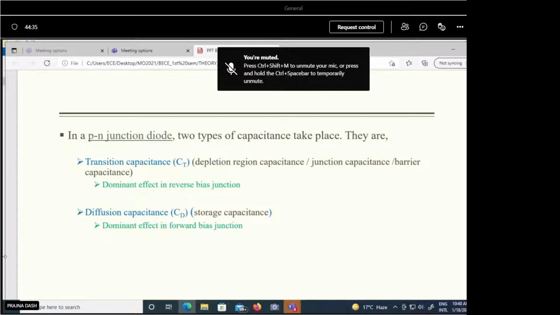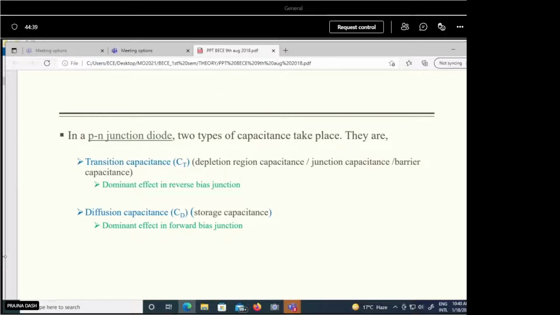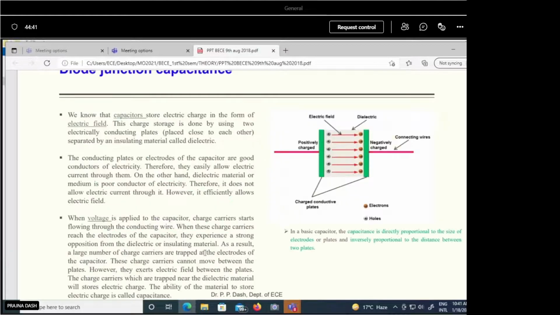So in case of your diode, where does the capacitance come in? The function of a capacitor is known to all of you. A capacitor stores electric charge in the form of an electric field.